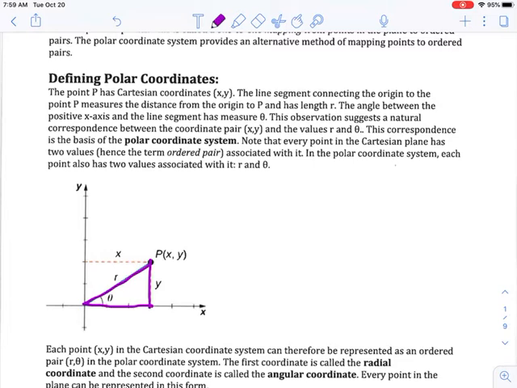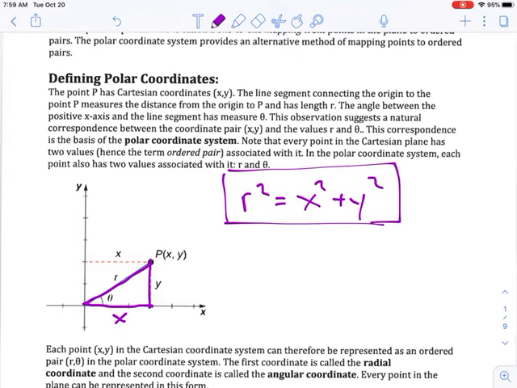The horizontal leg of this right triangle is an x value. The vertical leg is a y value, and then the hypotenuse is the radius, our r value. So we could use the Pythagorean theorem and say that r squared is equal to x squared plus y squared. And there we have a relationship that expresses x and y in terms of r, or if you will, r in terms of x and y.